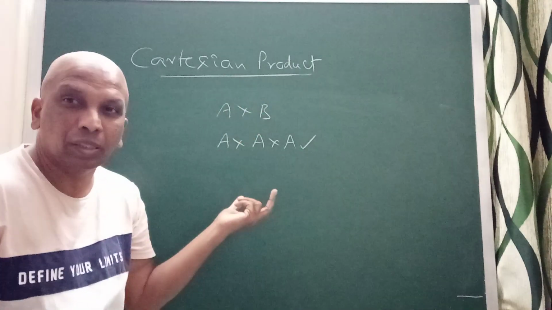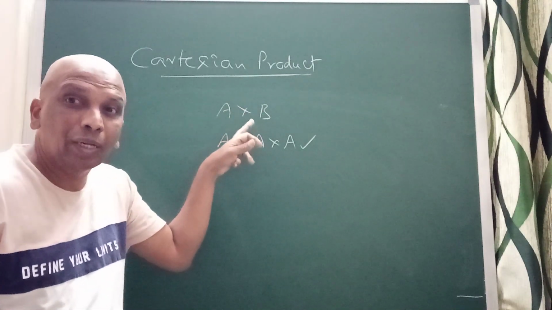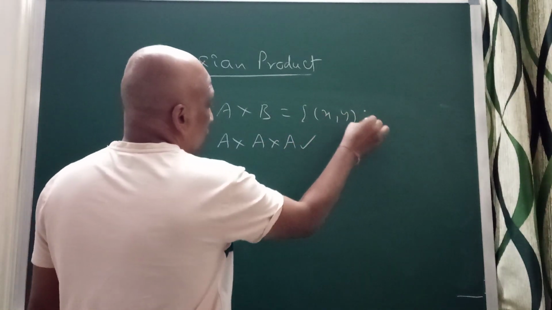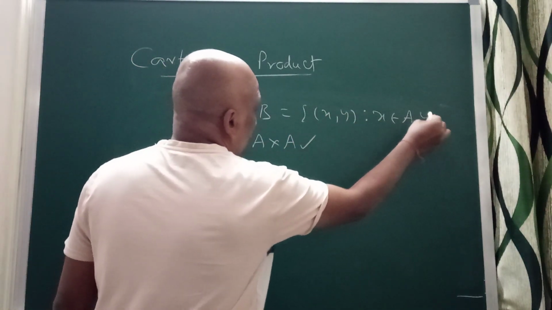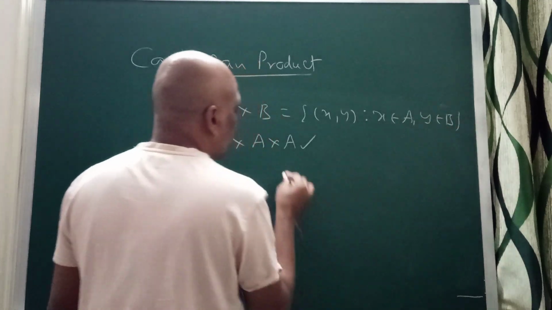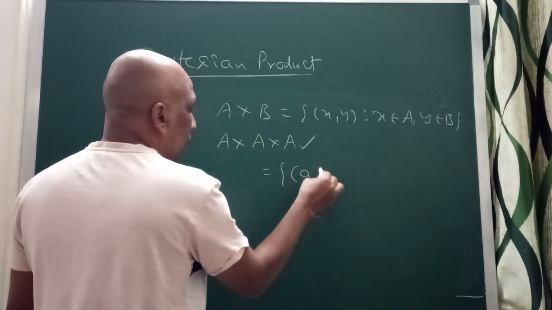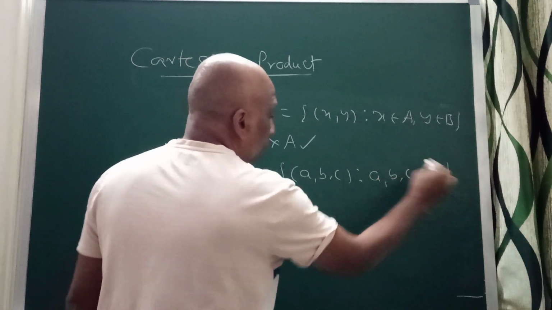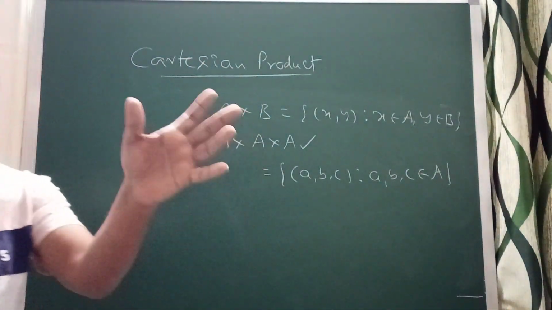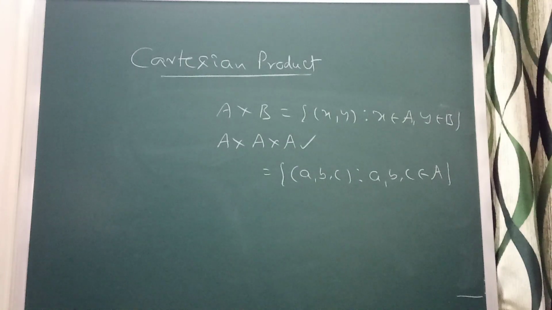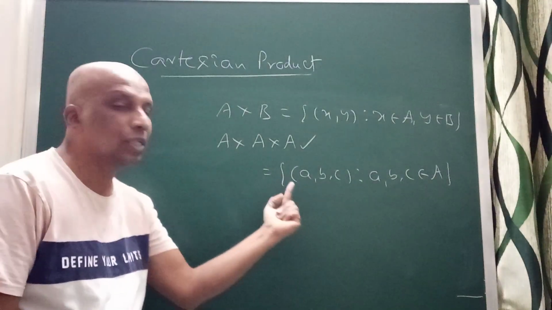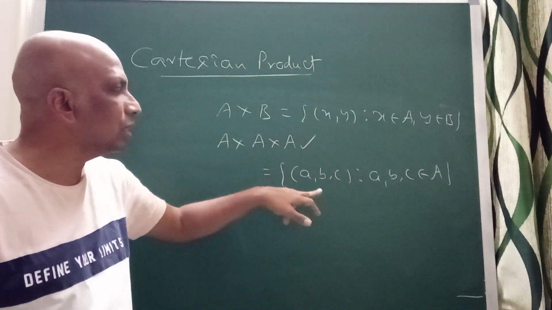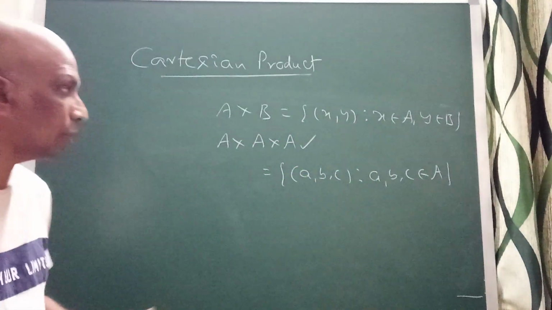A cross B, which we discussed, is called an ordered pair, written as the set of (x, y) such that x belongs to A, y belongs to B. But here I can write (a, b, c) such that a, b, c belong to A. All three elements belong to the given set. This is called a triplet.